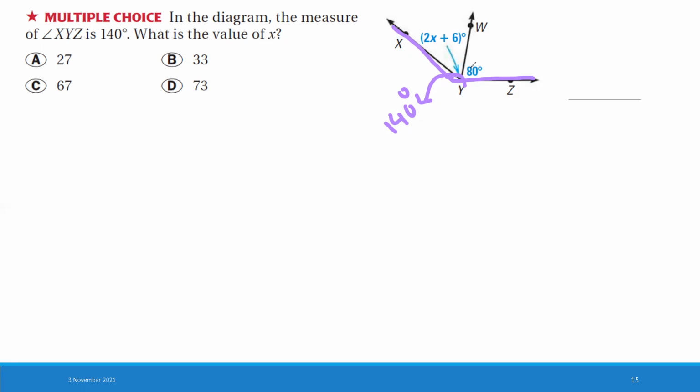Let's start step by step now. The measure of the angle XYZ is 140. Can you tell me, angle XYZ, it is which two angles? When you add them together, you get XYZ.